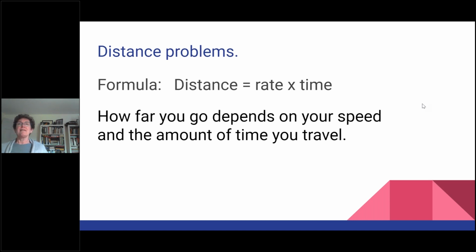So we did that every day and eventually made our way completely around the metro parks during our shutdown. So essentially, that makes sense. Distance equals rate times time. How far you go depends on your speed and the amount of time you travel.